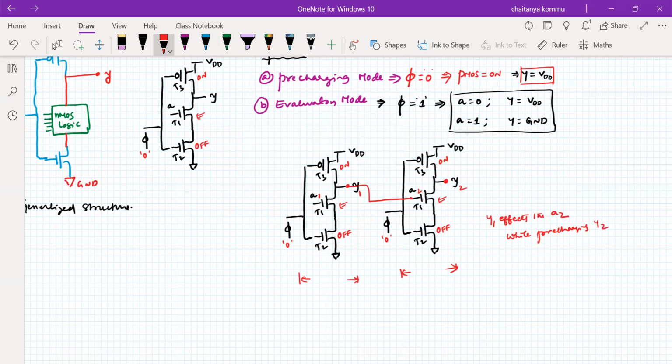It should not be happening. So this is the problem, and it has to be avoided.